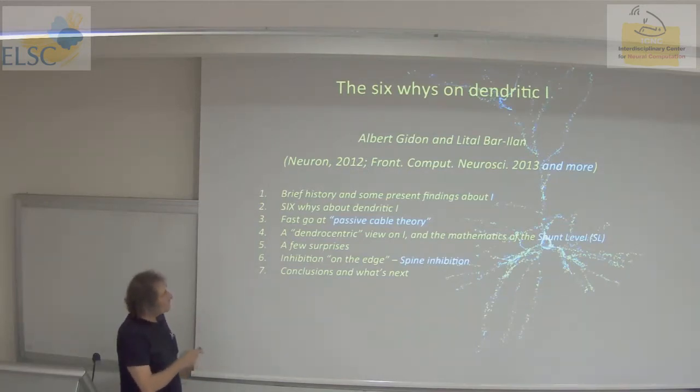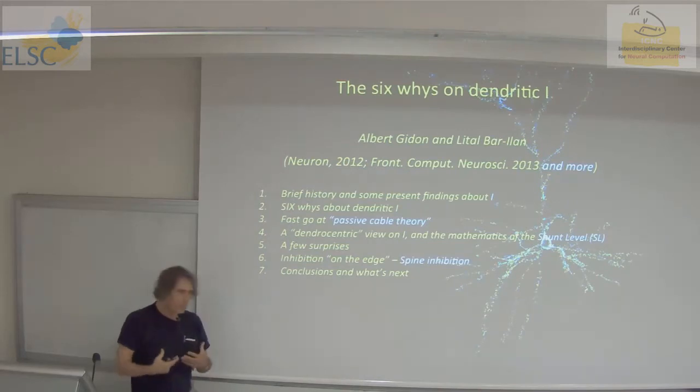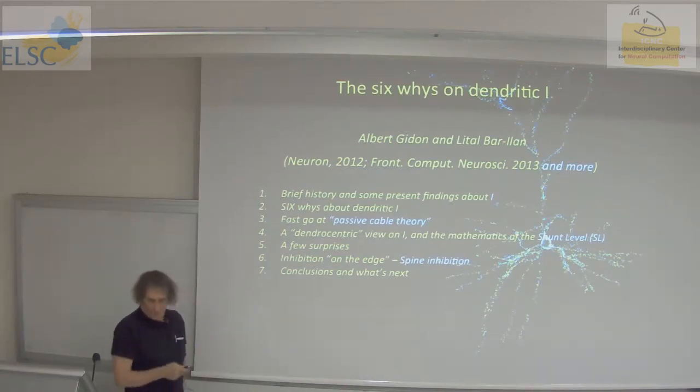Then I will raise these 6 questions that came to my mind while I was looking at inhibition deeply, in the cortex mostly. So these 6 Ys on the dendritic eye came from looking at inhibition more and more, learning about inhibition in the cortex, and then these 6 questions came about.